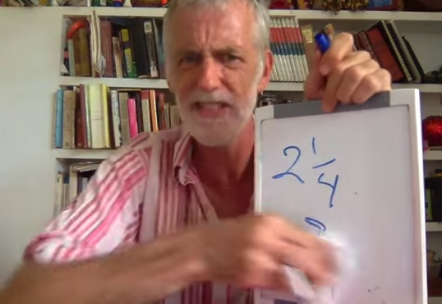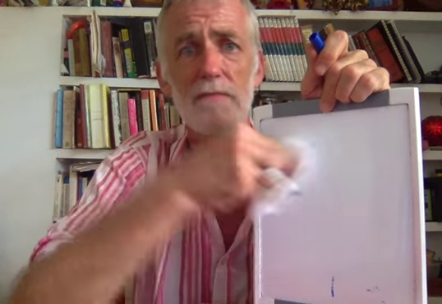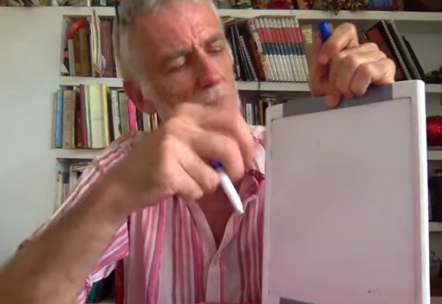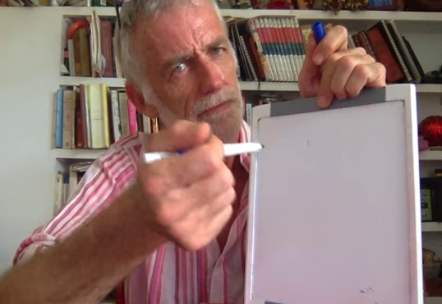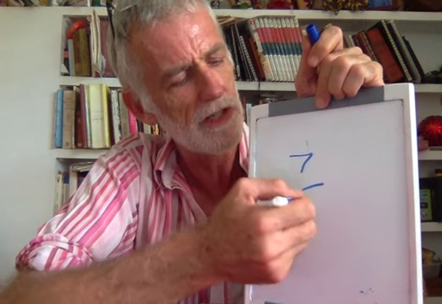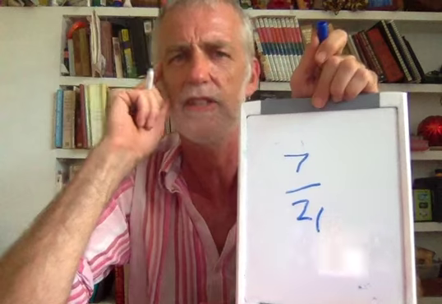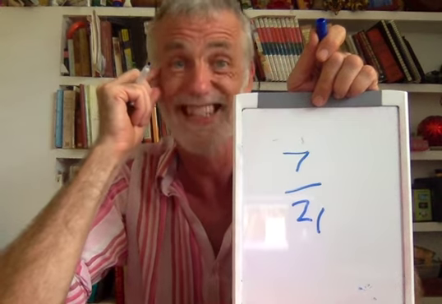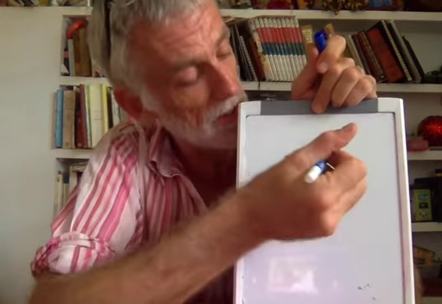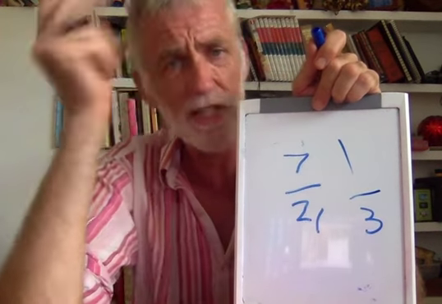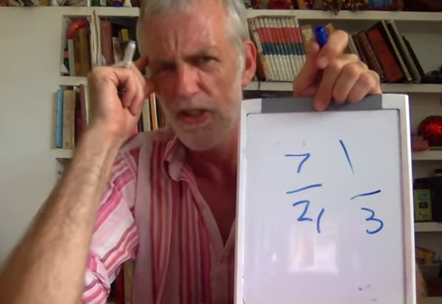All right. I'm going to simplify one more and then I'm done. These are just quick little reviews. I'm going to simplify 7/21. I can divide both of those numbers by what? By 7. 7 divided by 7 is 1. 21 divided by 7 is 3. 1/3. Let's do one more.